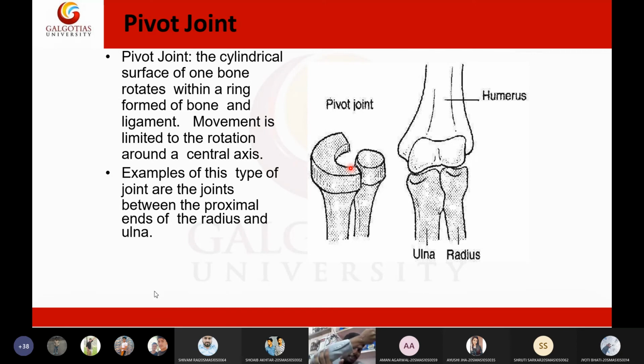Near my elbow, one bone is sliding on the second bone, rotating in a clockwise direction. My ulna bone is sliding on the radius bone, and the radius bone is sliding on my ulna. Because of that, I have this rotation movement, which is given by the pivotal joint.